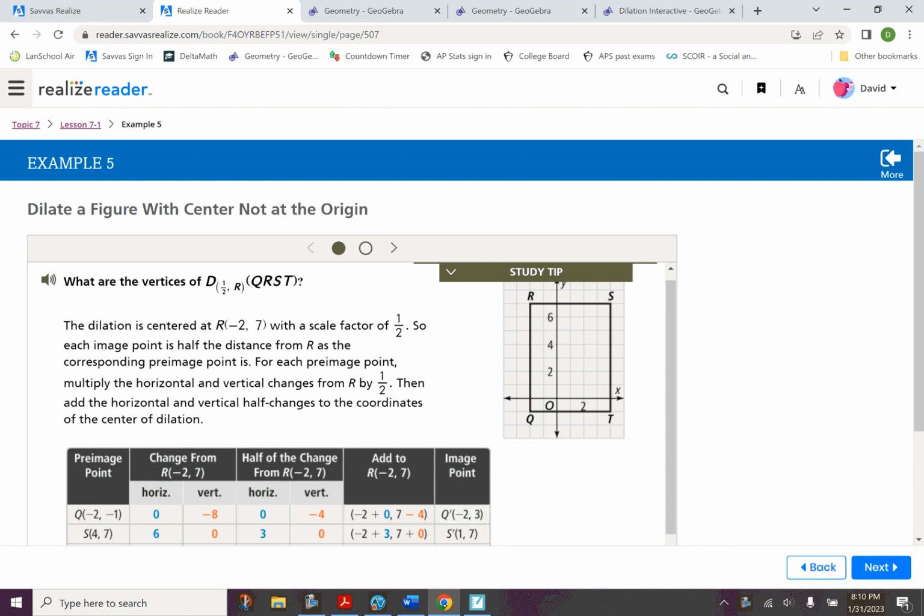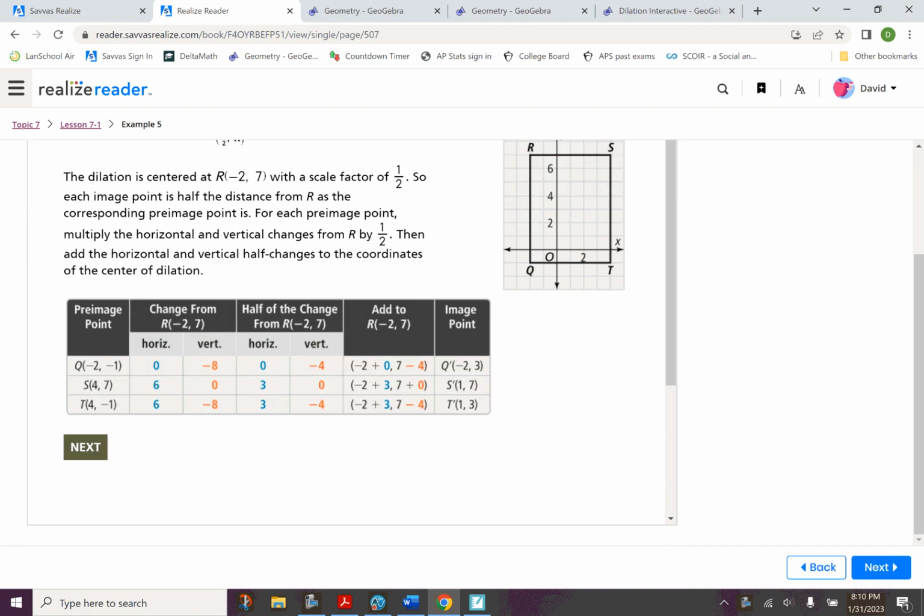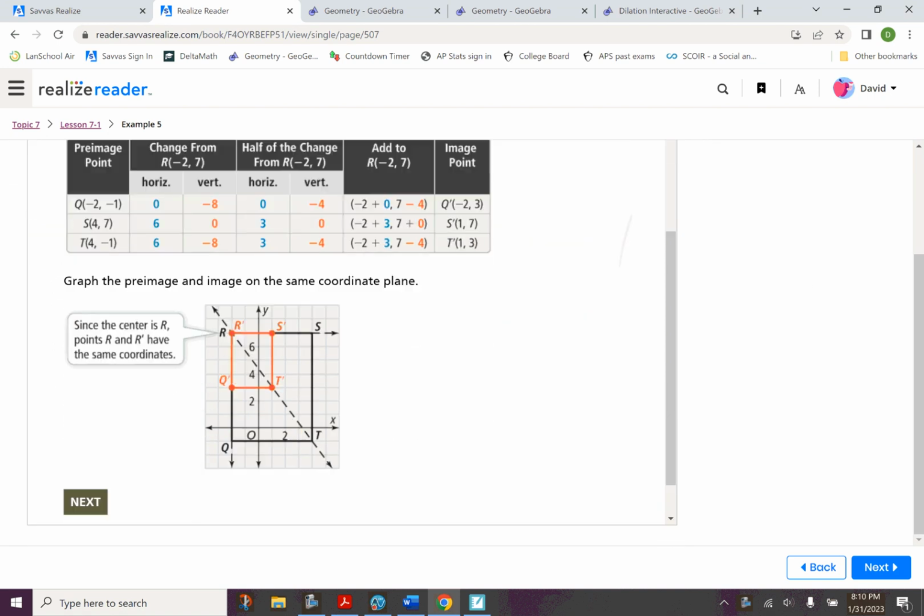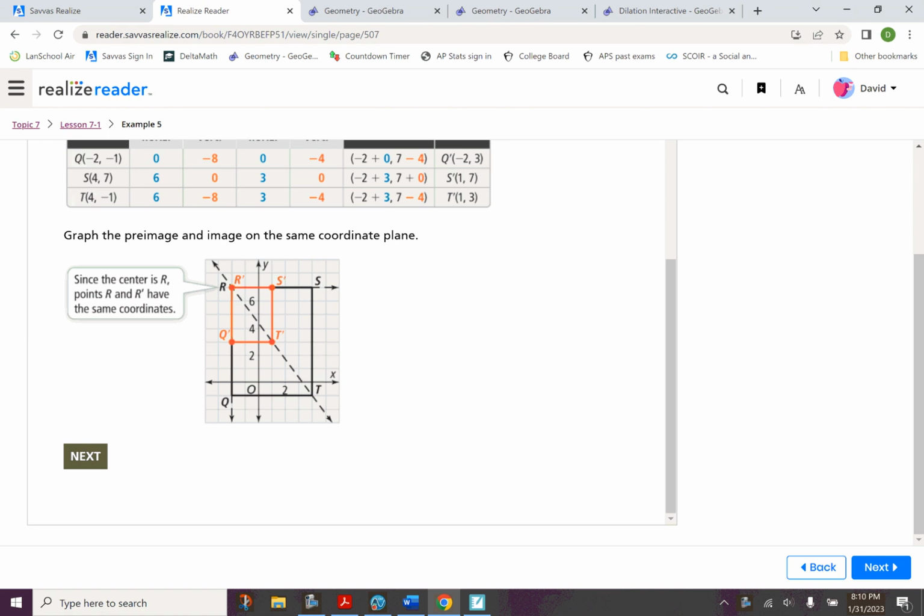So to get from R to Q prime, it's only 1, 2, 3, 4 spaces. And again, it has to be a rectangle. They're going through a complex process to find the location of T prime. I really don't think that's necessary.